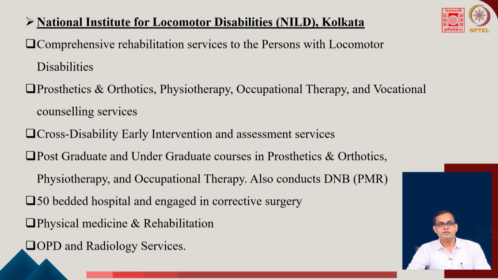The courses available here are postgraduate and undergraduate courses in prosthetics and orthotics, physiotherapy and occupational therapy, and it also conducts DNB here. There is a 50 bedded hospital engaged in corrective surgery here. Physical medicine and rehabilitation services are also available here, and OPD and radiology services are also available here.